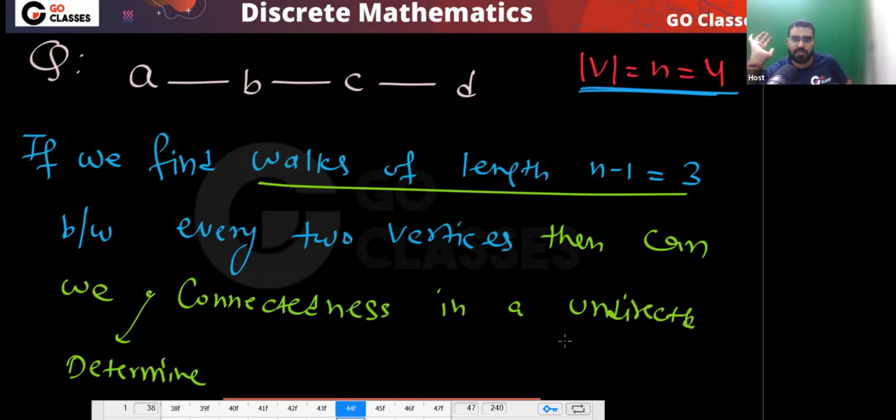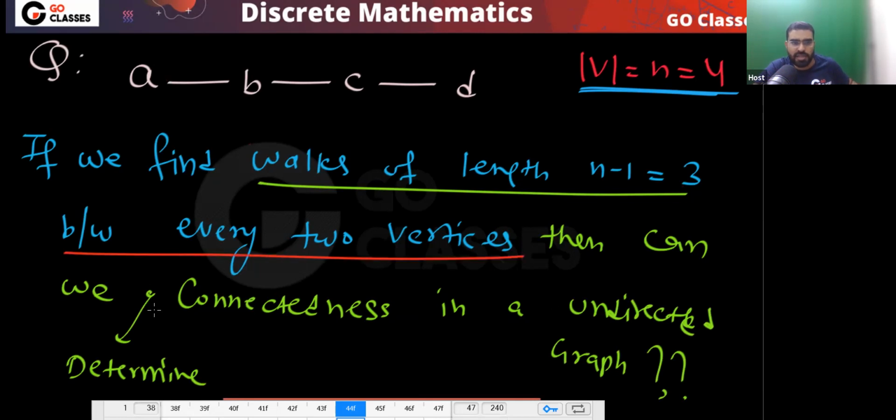Can I determine that by only finding walks of length 3, that is, only walks of length n minus 1? I don't find walks of length 1 or 2. Between every two vertices, I just find walks of length 3. Then can we determine connectedness in an undirected graph? The answer will be no.